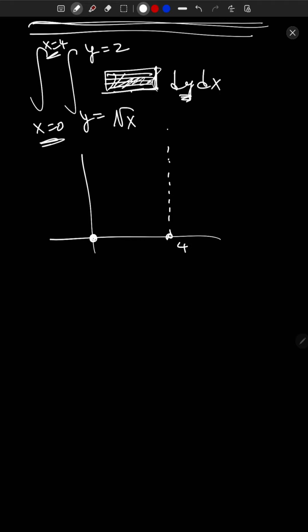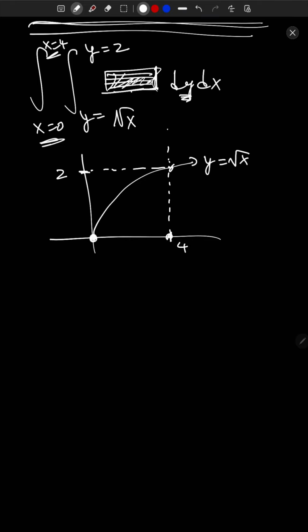My vertical lines are going to start from y equals root x, which looks like this, and they're going to end at the height y equals 2. When I have y equals 2, that's going to intersect with this vertical line right there.